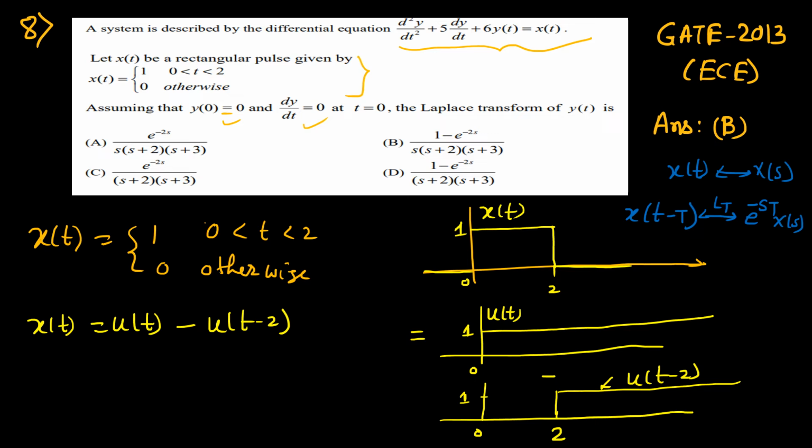It's not very difficult. Okay, let us prove that one, but before that, using this one, can we find X(s)? What is X(s)? So this is 1 upon s, minus, as it is delayed, e to the power minus 2s multiplied by the Laplace transform of u(t), that is 1 upon s. That means (1 minus e to the power minus 2s) by s.